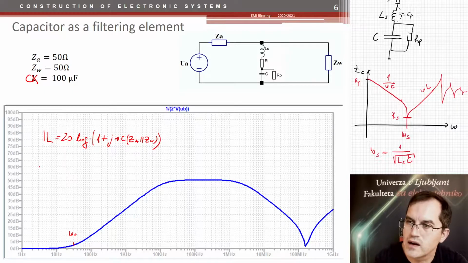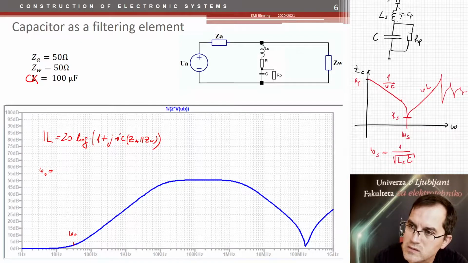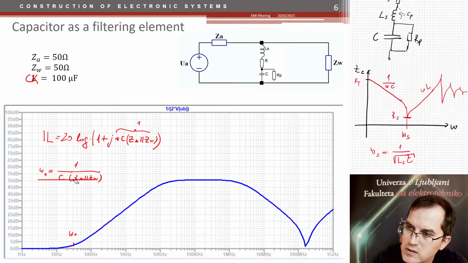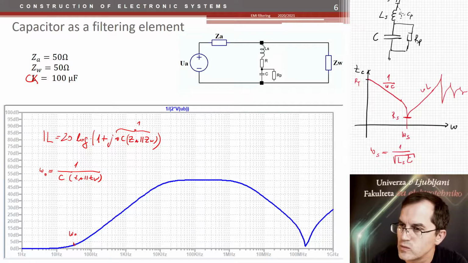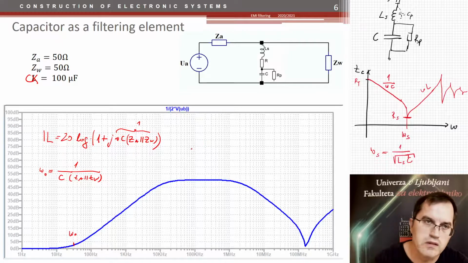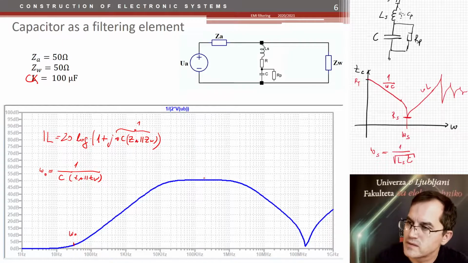So omega 0 is when this part is equal to 1, which means it is 1 over C ZA parallel ZW. And this is omega 0, which in our case is 66 Hertz. Somewhere here. 30, maybe it's 33. Who knows? 66 is more or less here. I will recheck that.